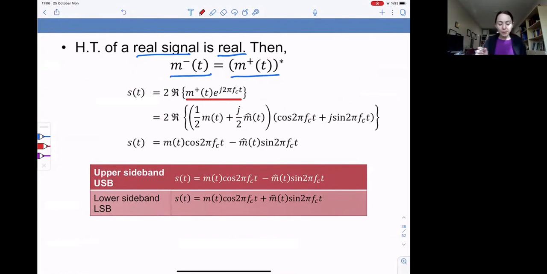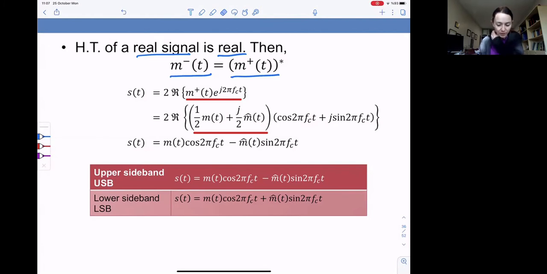Okay, but now write m plus in terms of the Hilbert transform. It's 1 over 2 m plus j over 2 m Hilbert. And also expand the complex exponential as a cosine plus sine. What do we find as a result?